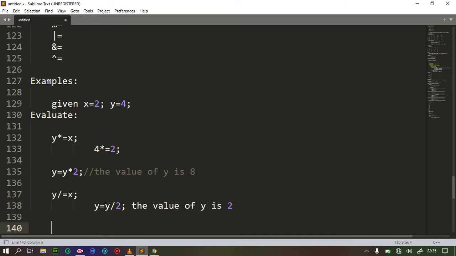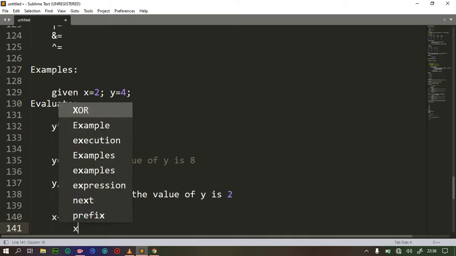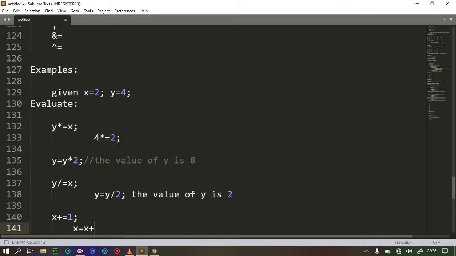Does it make sense? Then what if I said x plus assignment 1? It means that x is assigned x plus 1. So the value of x is 3, because x was 2 plus 1.